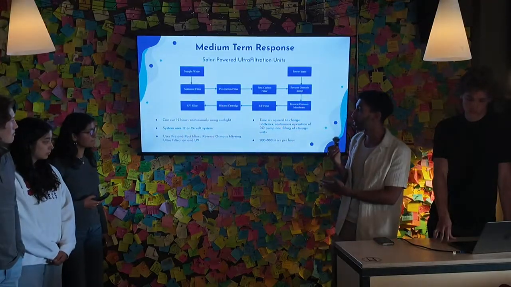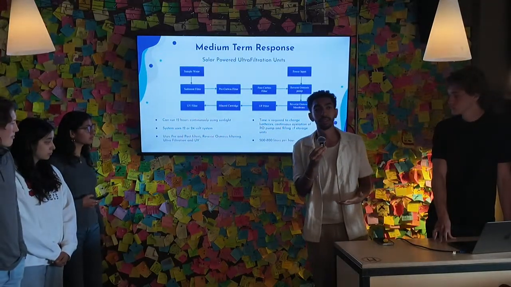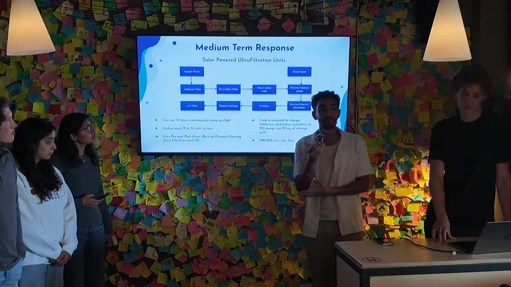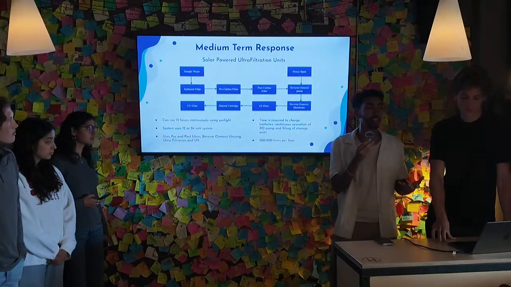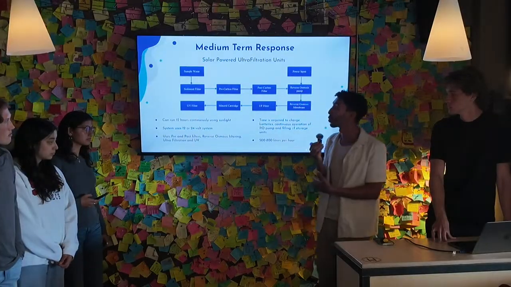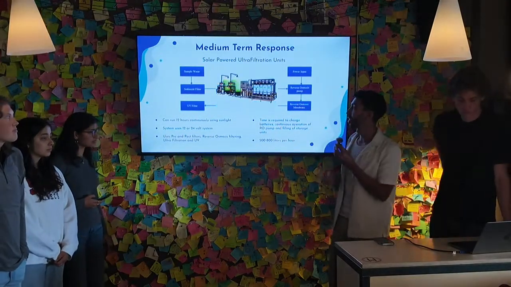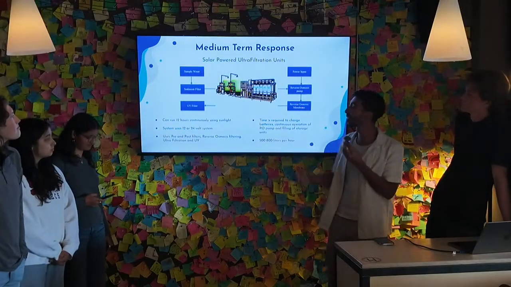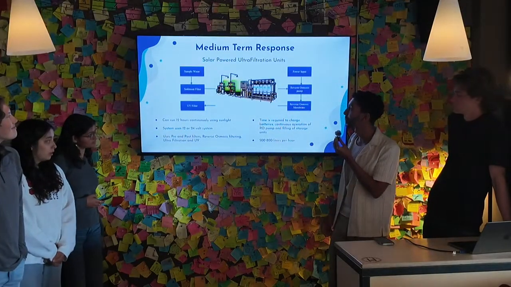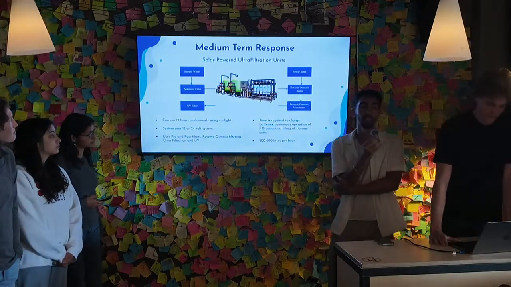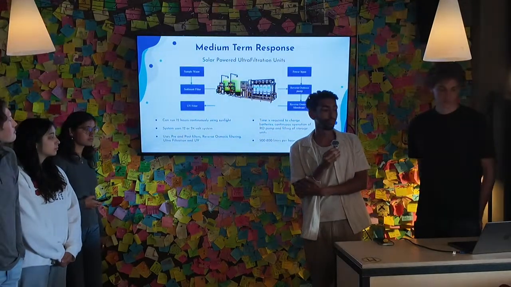And we're also proposing the use of specialists that are experts in installing, maintaining, and helping people use these units. And here's just a picture of the unit that could be used. Yeah, so this is more of a medium-term response.